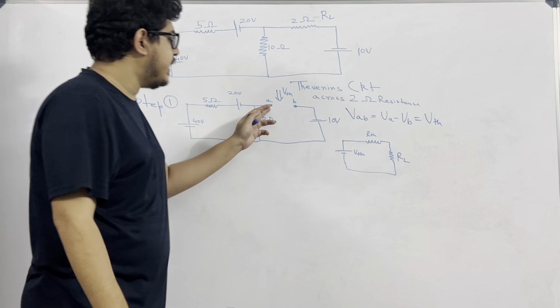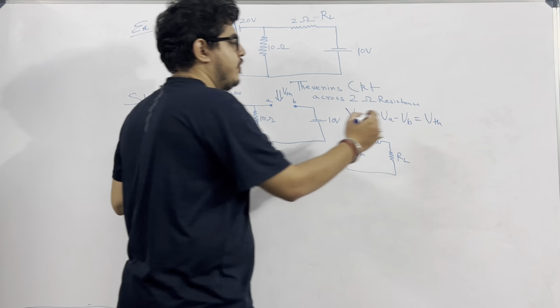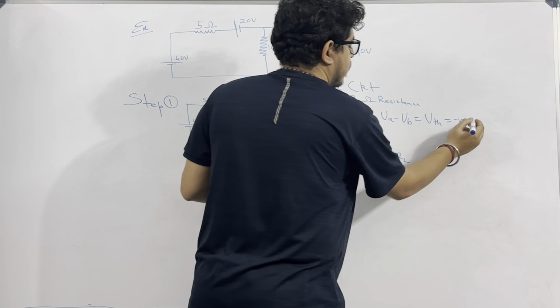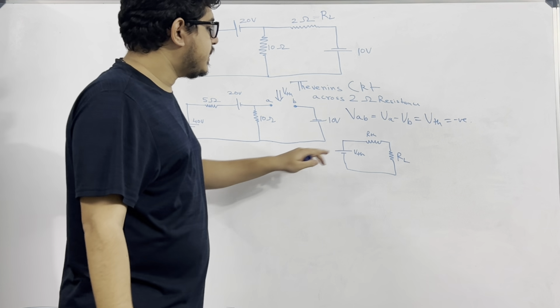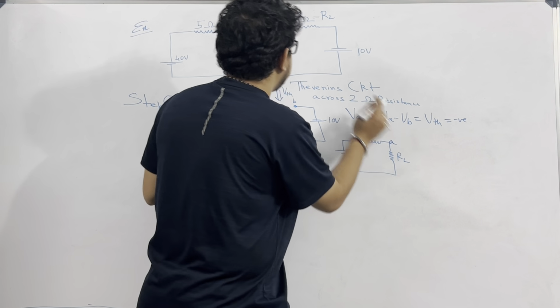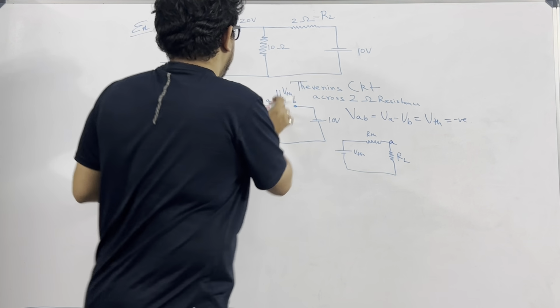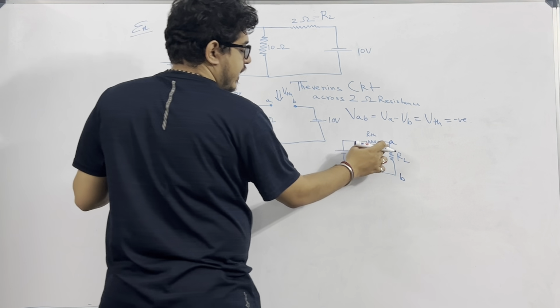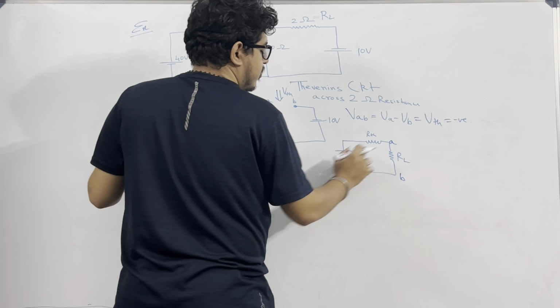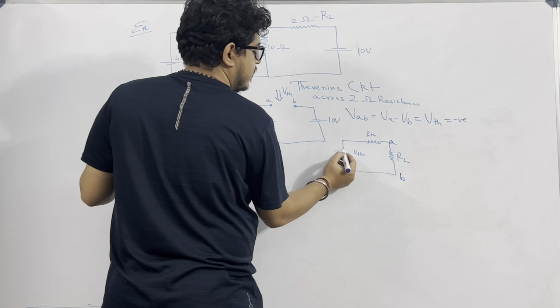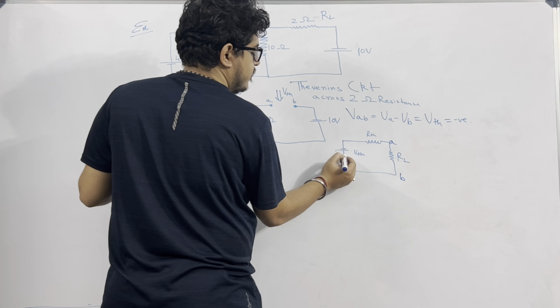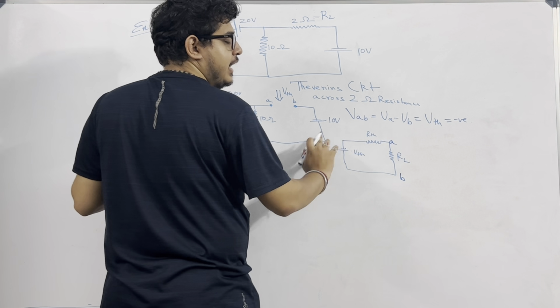So suppose VAB came out negative, then, this is the A point, this is the terminal, I remove the load resistance from these points A and B. If it comes out as a negative value, then make the battery like this, so A will be at the negative.